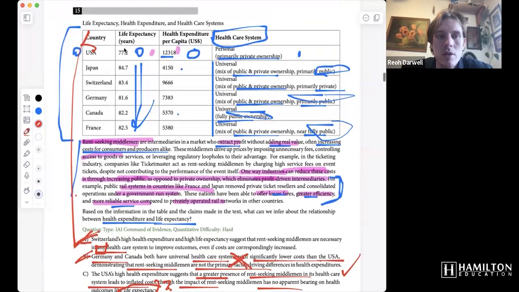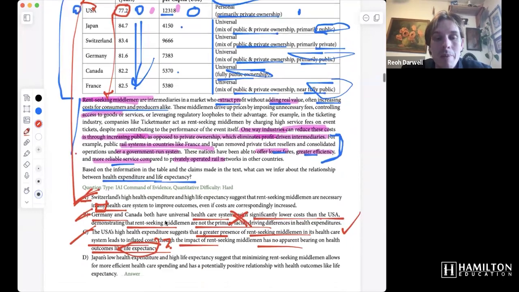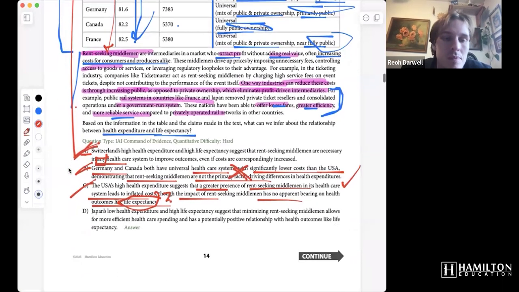If that were true, this number would need to be the same as all these numbers, right? Costs could be higher, but life expectancy would need to be the same. However, it seems like when we compare the text with the graph, rent-seeking middlemen not only increase price, but they also make you die younger.